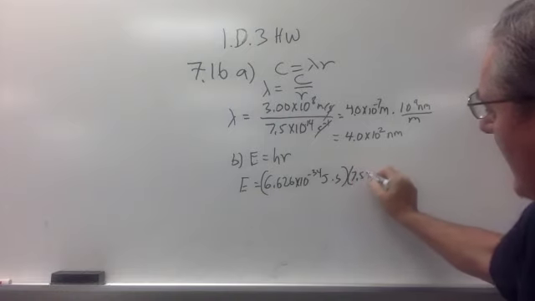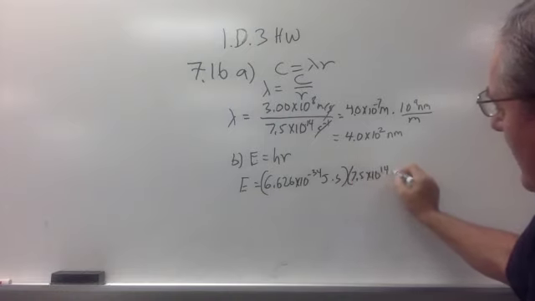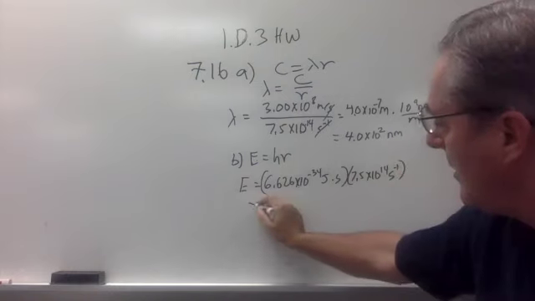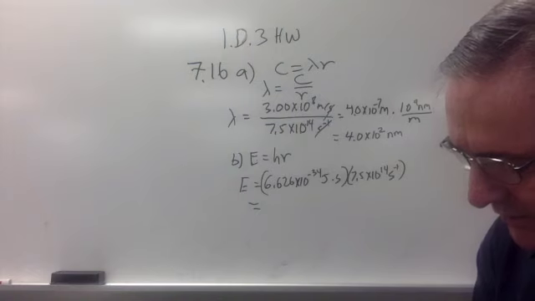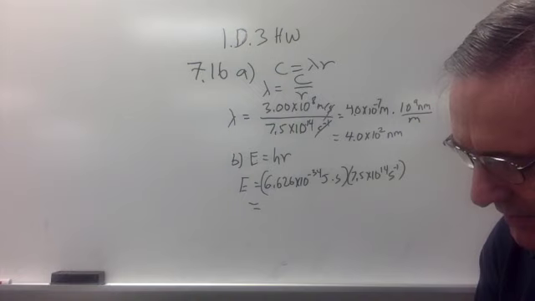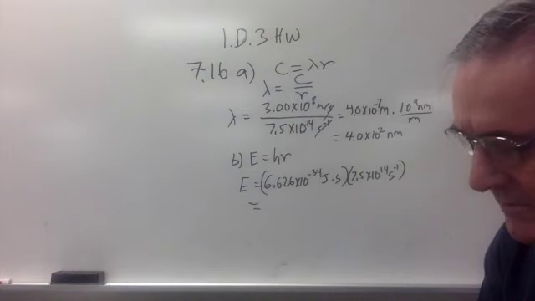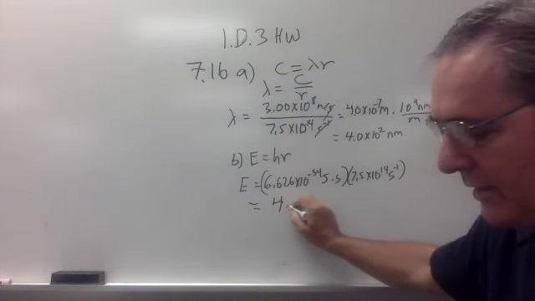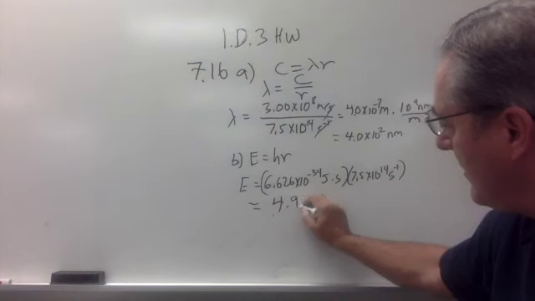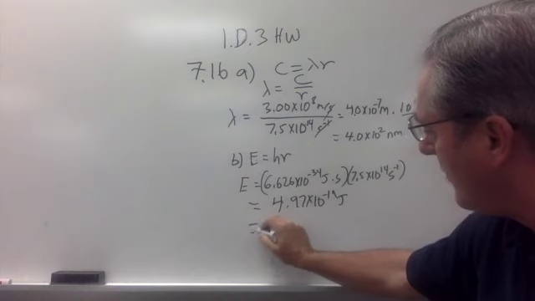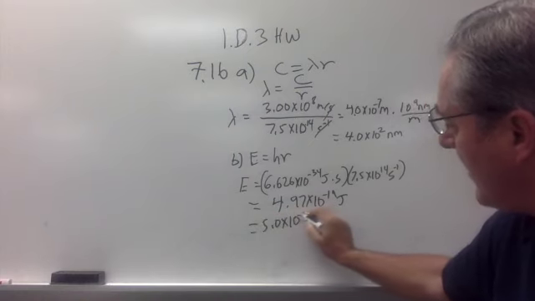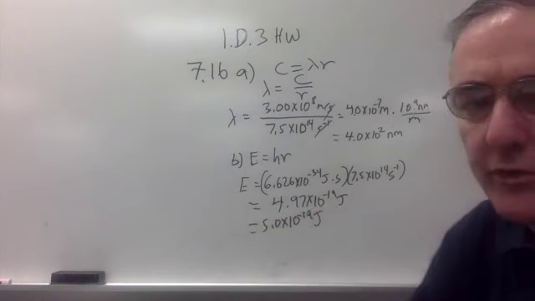Nu is 7.5 times 10 to the 14th hertz, or seconds to the minus 1. 6.626 times 10 to the minus 34 times 7.5 times 10 to the positive 14th is 4.97 times 10 to the minus 19 joules, or 5.0 times 10 to the minus 19 joules.